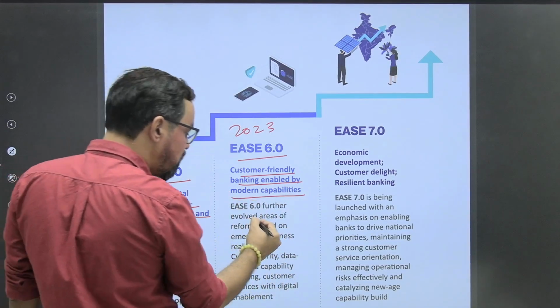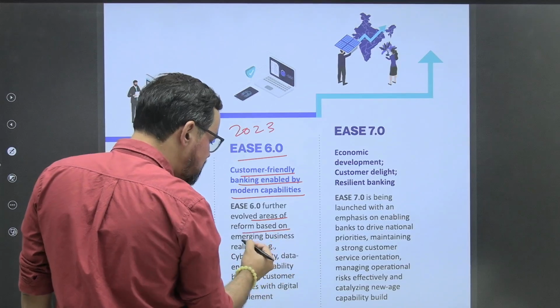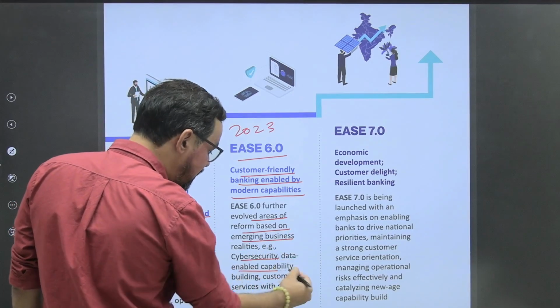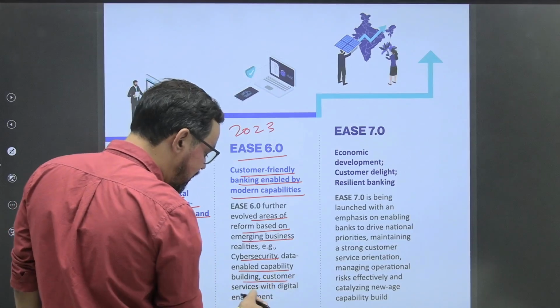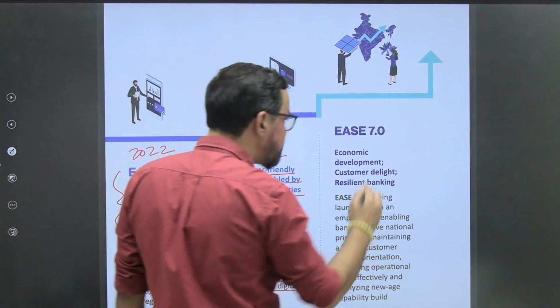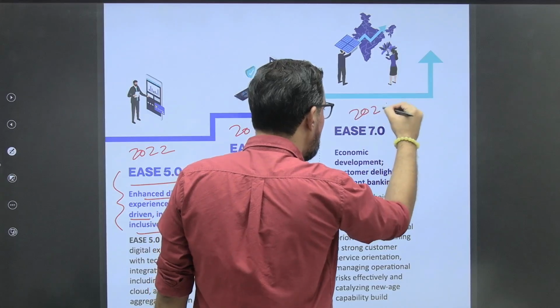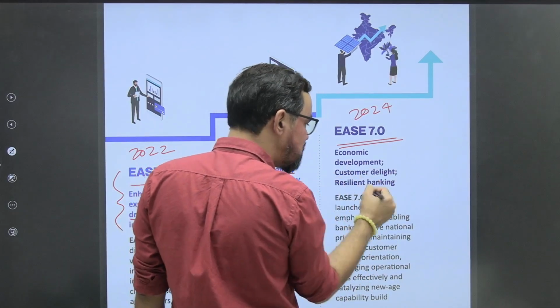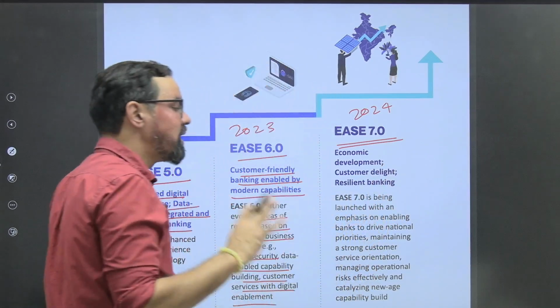So further evolve areas of reform based on emerging business realities like cybersecurity, data-enabled capability building and customer service with digital enhancement. Enablements. 2024, the current stage, is EASE 7.0: economic development, customer delight, and resilient banking.